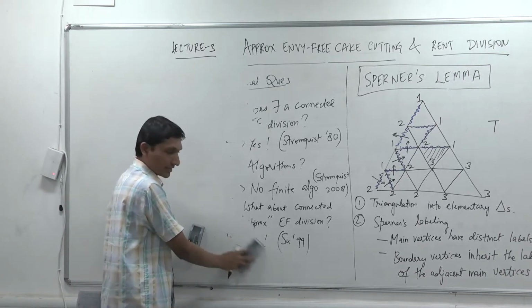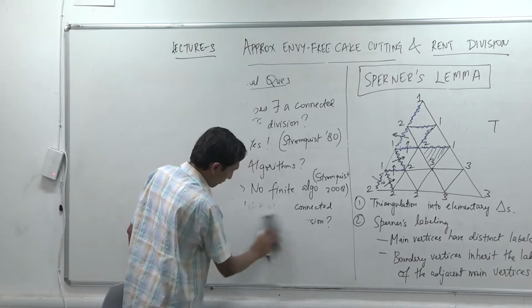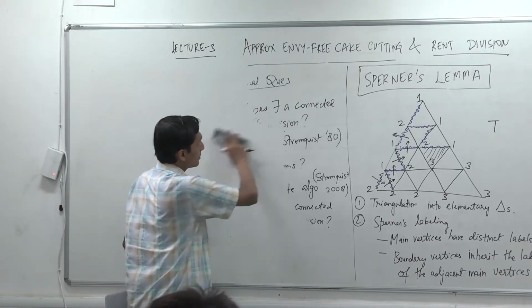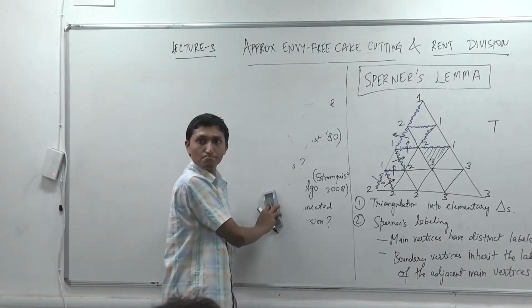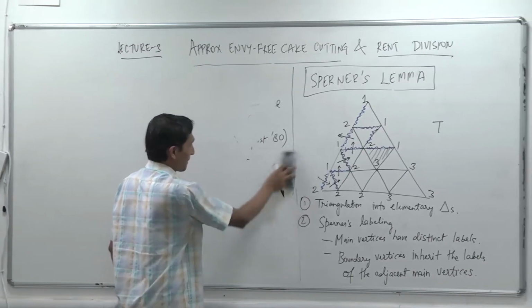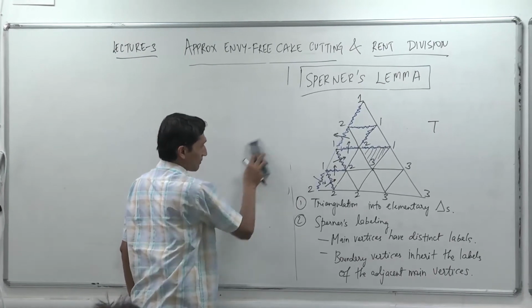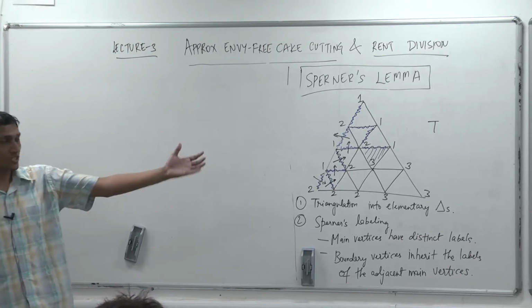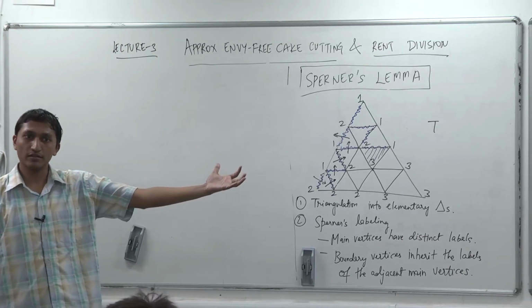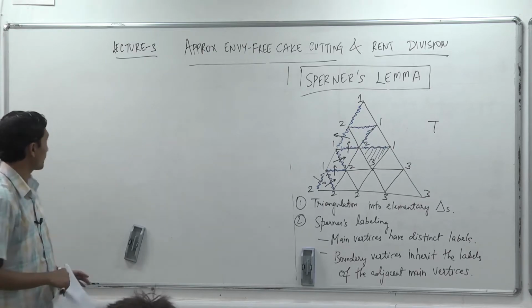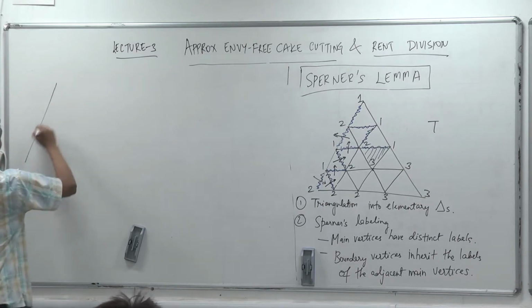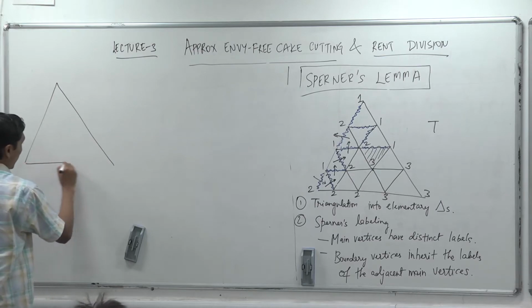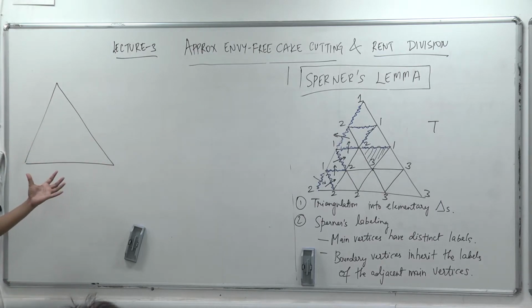Yes? And that object is what? Anyone? It's just a triangle, an equilateral triangle, right? My drawing might not suggest that, but it is an equilateral triangle.